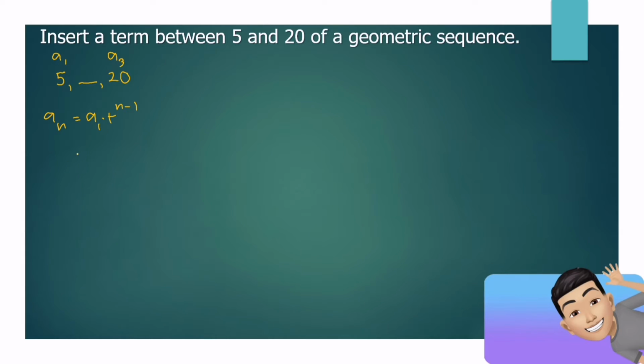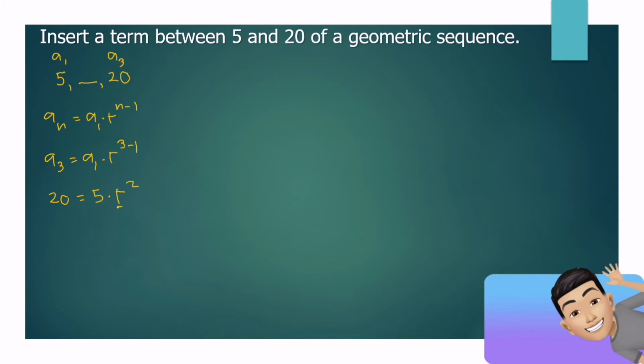Okay, so ang given natin ay a sub 3 equals a sub 1 times r raised to 3 minus 1. And what is a sub 3? 20 equals a sub 1, 5 times r, 3 minus 1, 2.